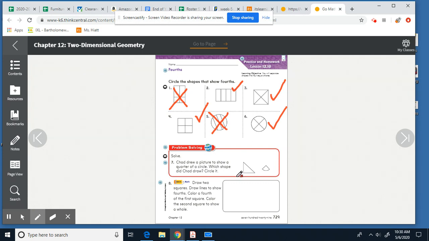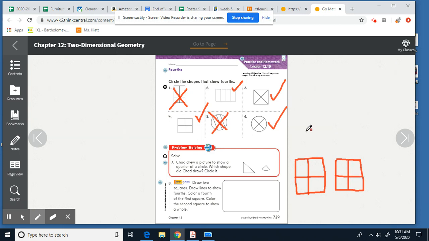Very good job. All right, now that paper that you added your circle to, I want you to go ahead and draw 2 squares. On the first square, go ahead and cut it into fourths, and color 1/4 on that square. You're cutting both of them into fourths, so it should look like this.